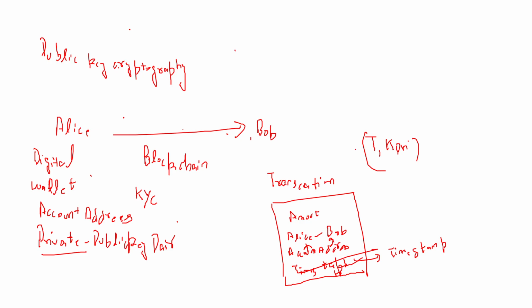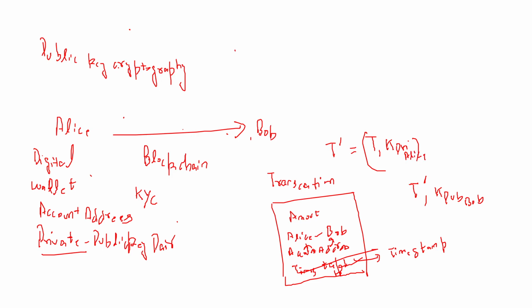This results in T dash. T dash is the encrypted transaction message signed by Alice with her private key. Then finally this T dash is encrypted using the public key of Bob. So I will write here public key of Bob, and here private key of Alice.